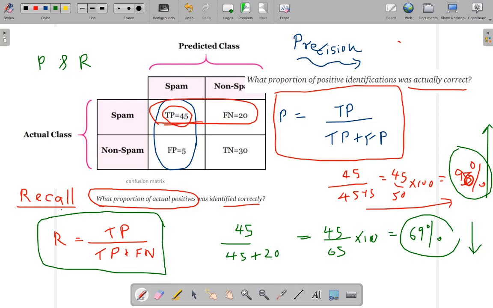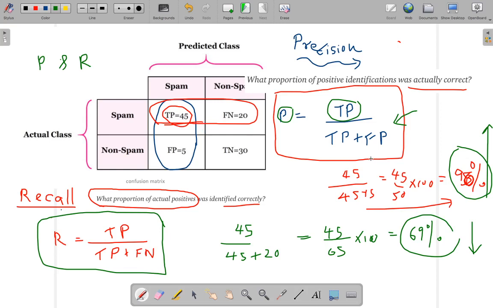What we can do is push this model to do other things. As an example, if we want a very high precision, close to 1, what can we do?